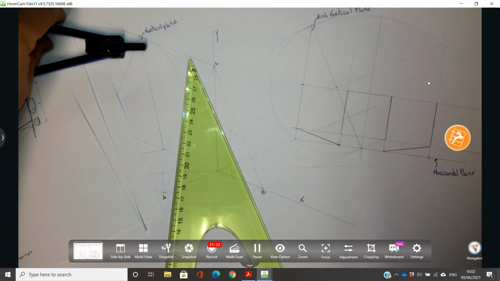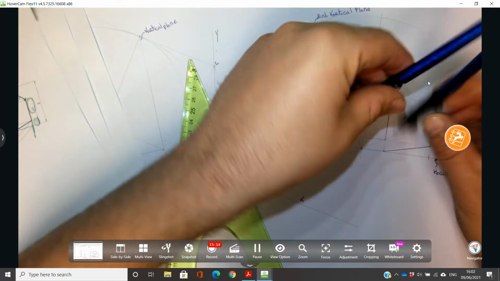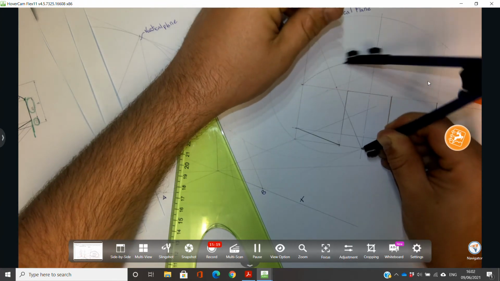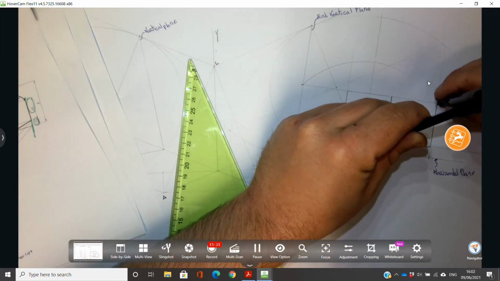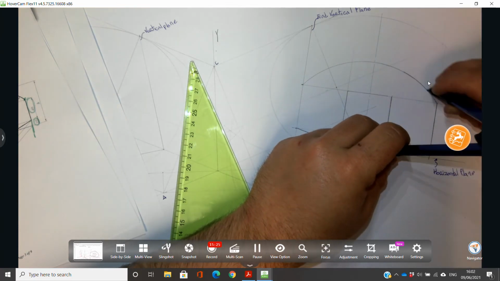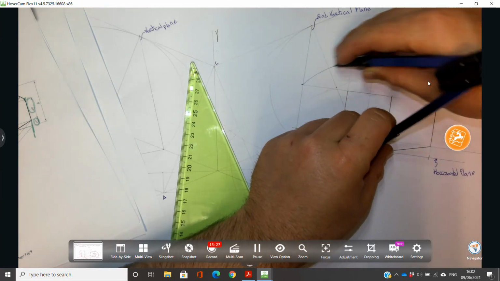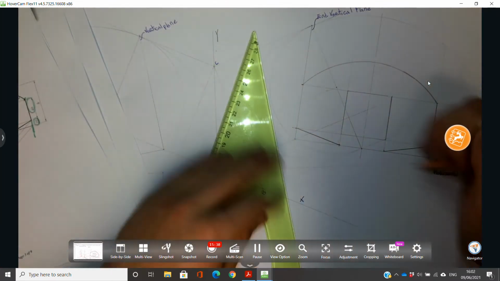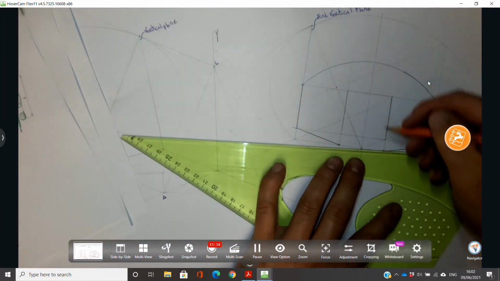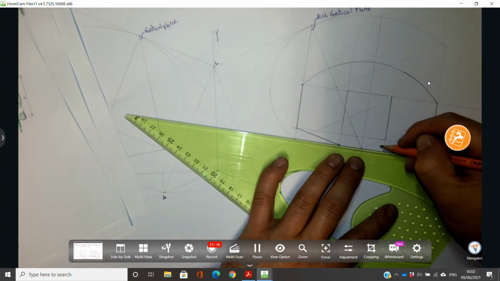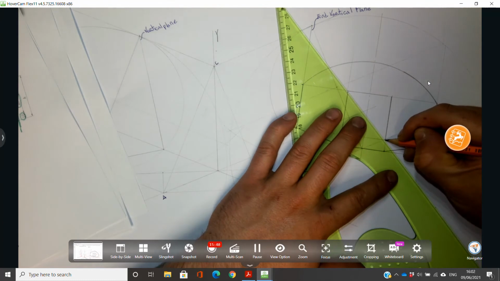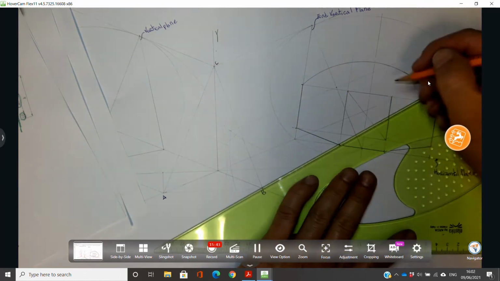Now, the compass is here in the bottom. Drawing the arc. Point P, join the corners.